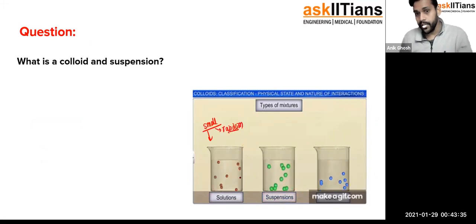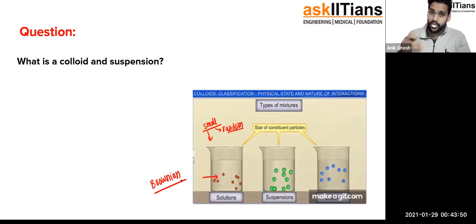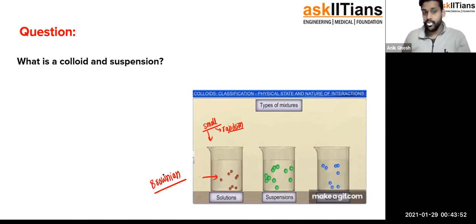Okay, so you can see the motion of these particles over here. There is a name for this motion as well. We call it Brownian motion. This random motion, like here and there, they're moving here and there, right? So that is called Brownian motion. There was a scientist called Robert Brown who saw this motion for the first time with pollen grains.